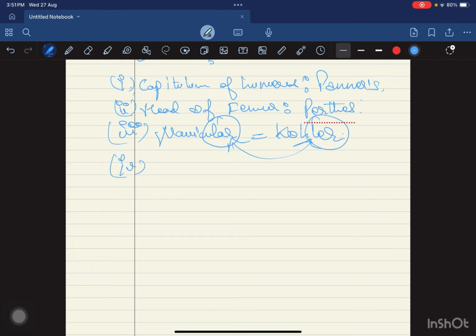Then the fourth one is the calcaneum. For the calcaneum, we have Sever's. Then for the tibial tuberosity, we have Osgood-Schlatter's disease.